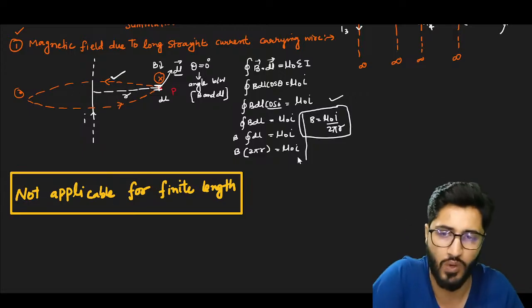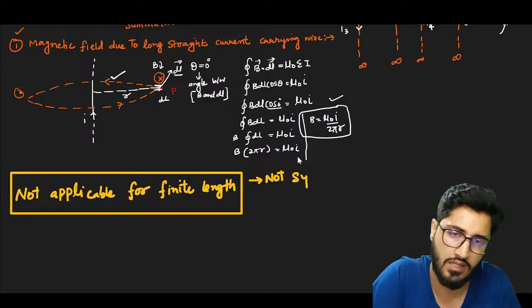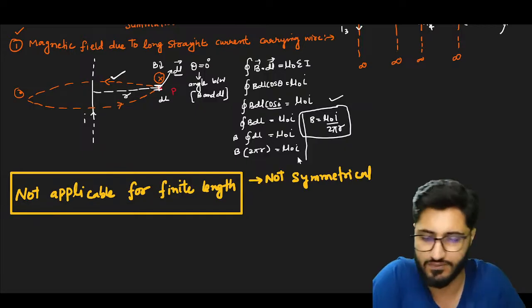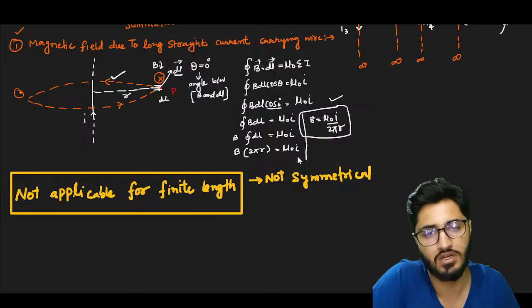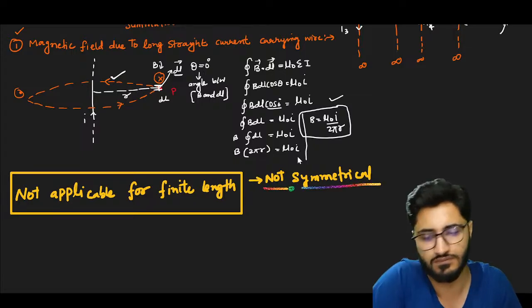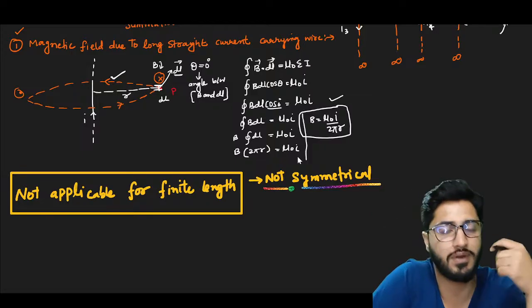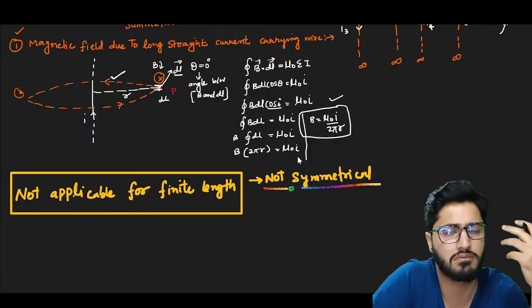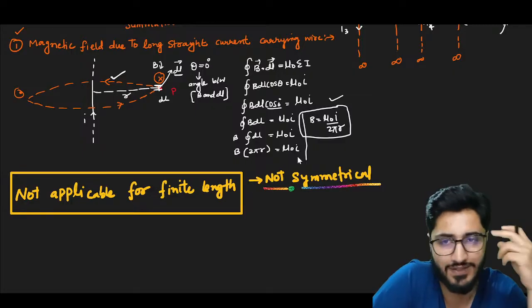Why? Because these are not highly symmetrical. So we cannot use Ampere's circuital law here. If you want to apply Ampere's circuital law, it should be a symmetrical body or symmetrical distribution of current.